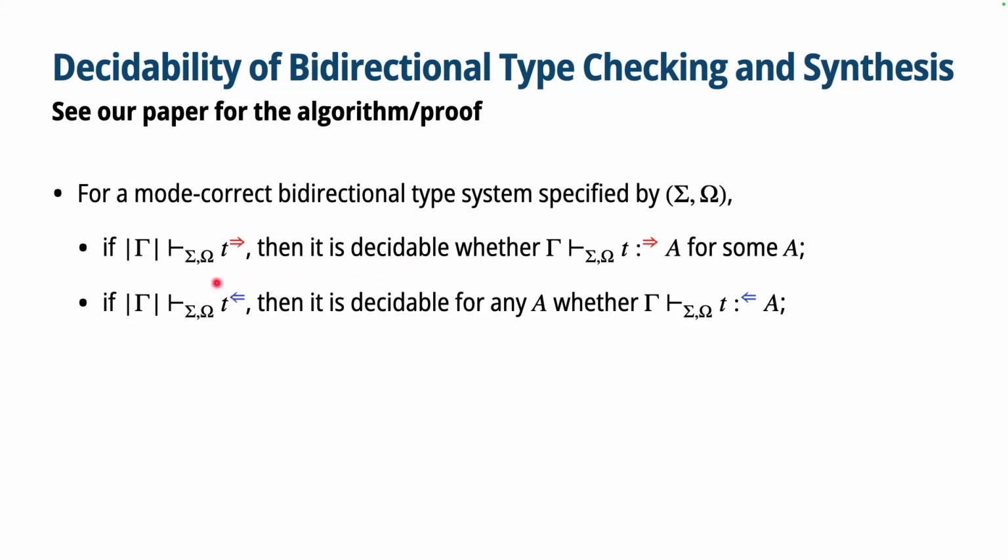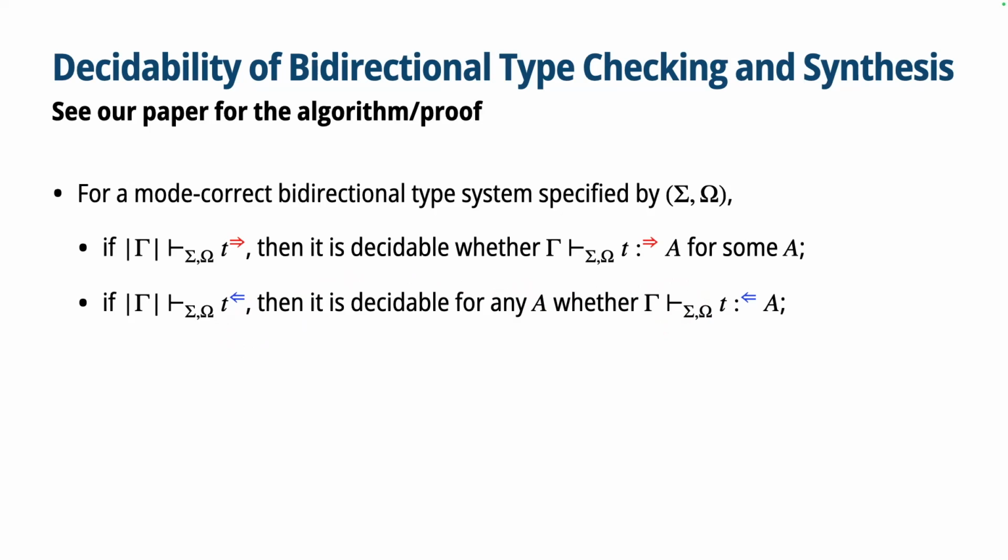For example, if the mode is synthesis, then it's decidable to construct some type for this term, or give a negation proof. Similarly, if this is checking, then you can give any type, and you can prove whether this is the type you specified or not.